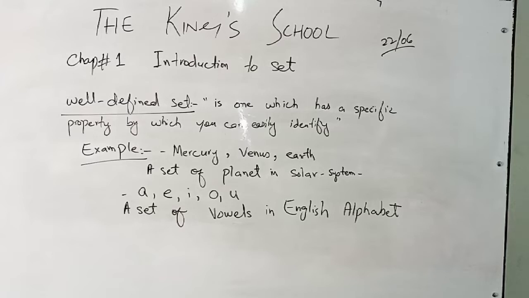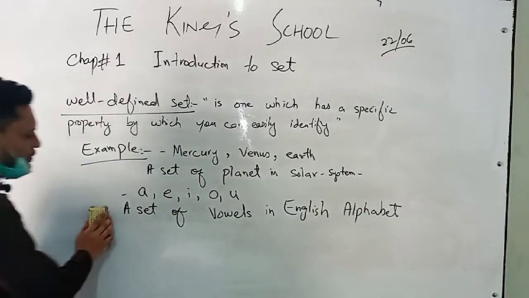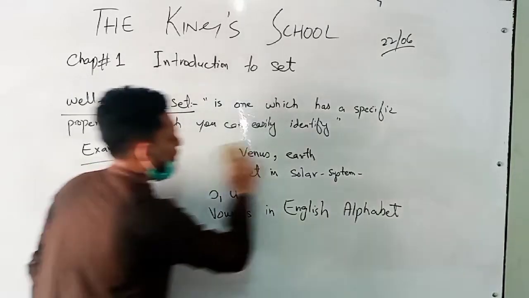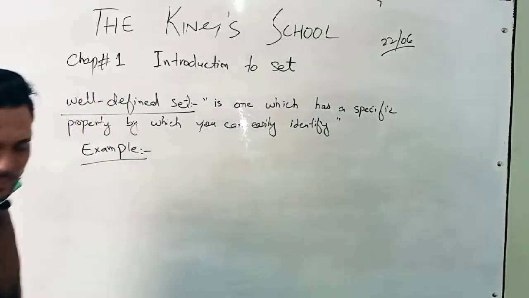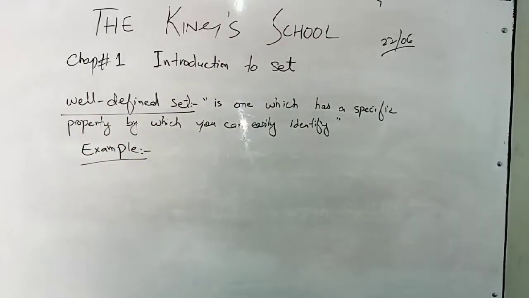Now, what is a set which you cannot define well? I am going to write an example of a set which you can't define well.